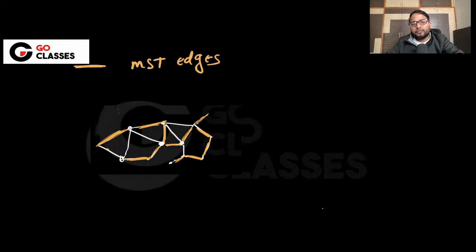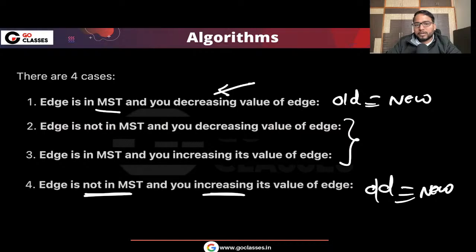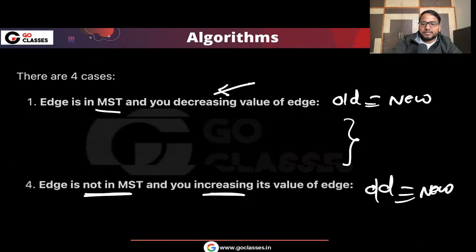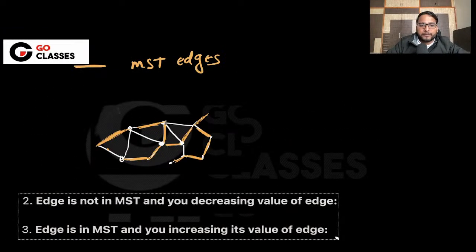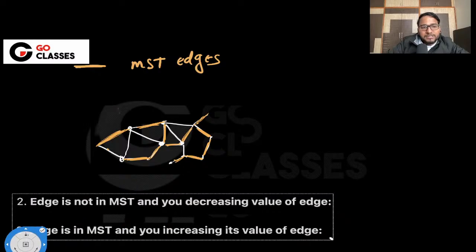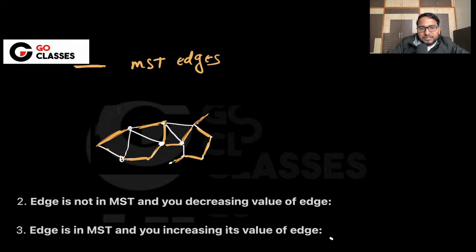Now let's take this 2 and 3, which is an edge not in MST. So suppose this non-MST edge is there.